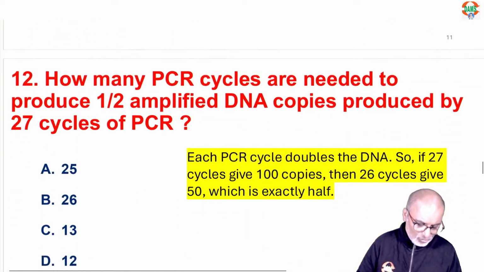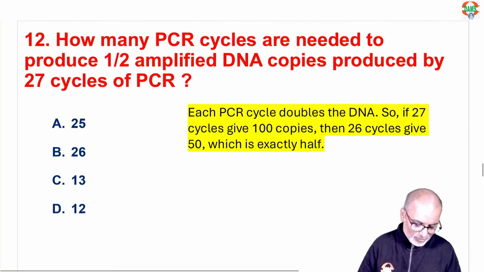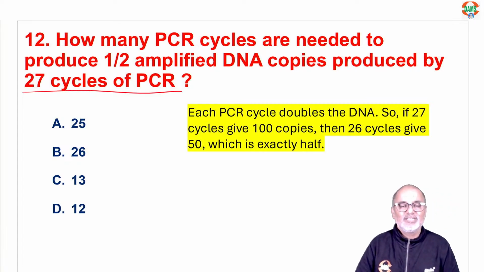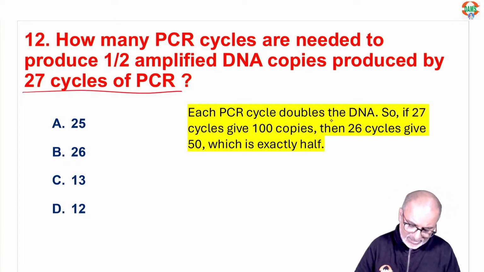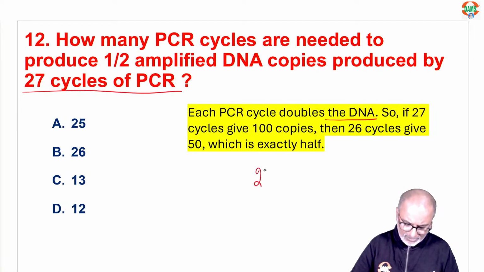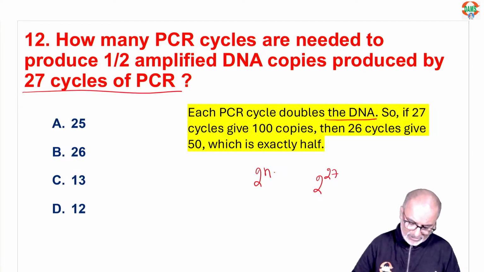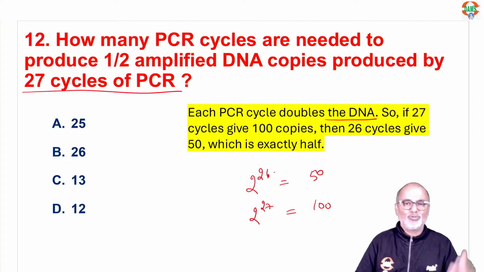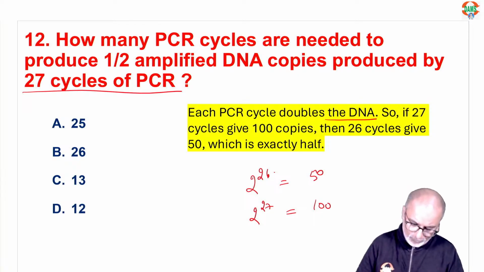Next is, how many PCR cycles are needed to produce half the amplified DNA copies produced by 27 cycles of PCR? I gave the explanation. Each PCR cycle doubles the DNA, because it's 2 to the power n. If 2 to the power 27 gives 100 copies, 2 to the power 26 will be 50.